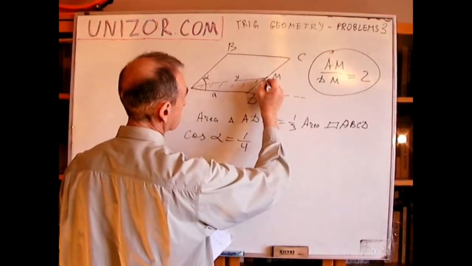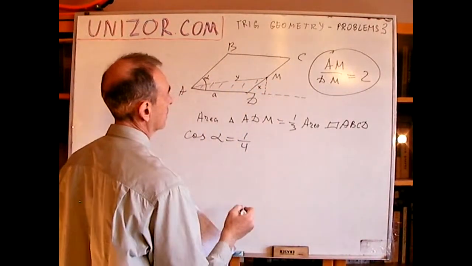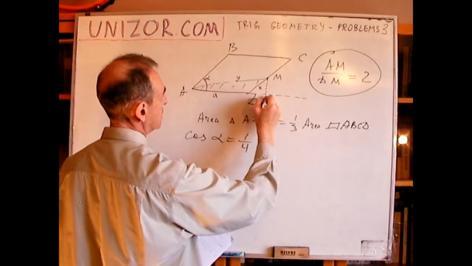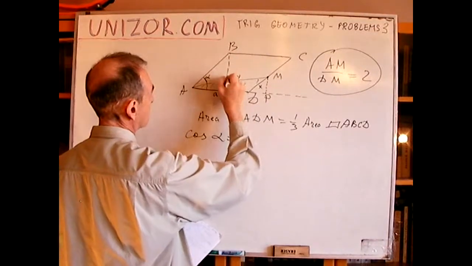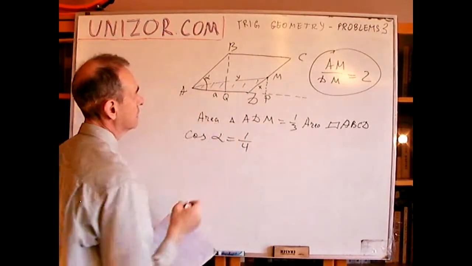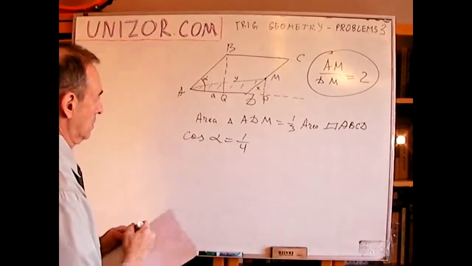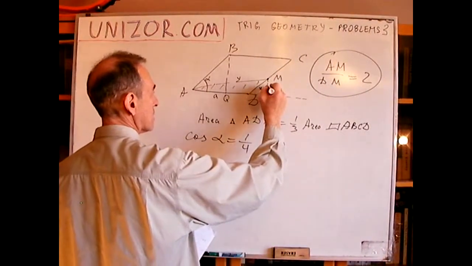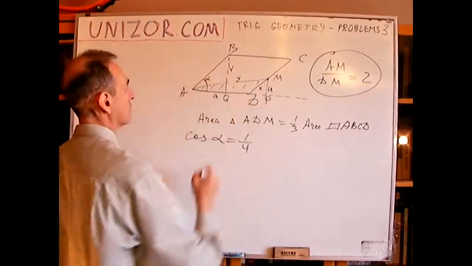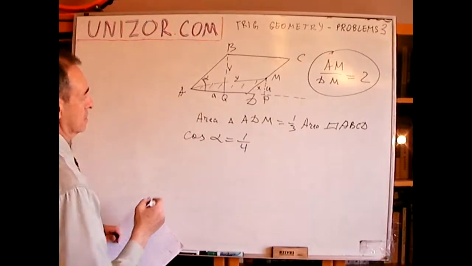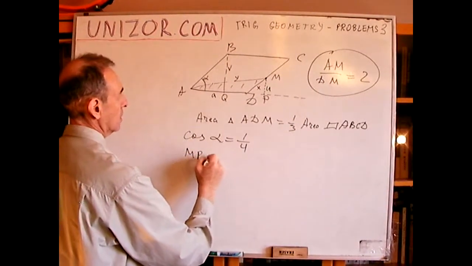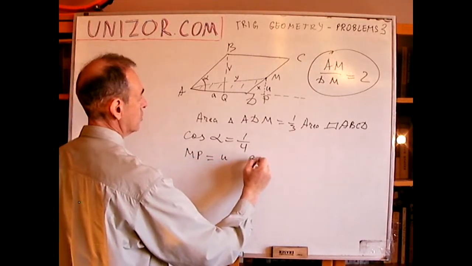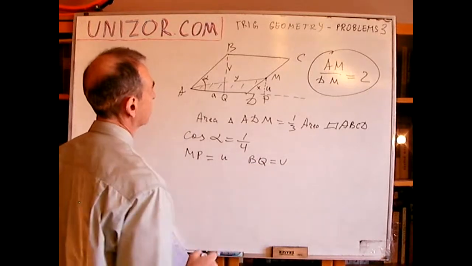So this is one altitude, MP, and this is another altitude, BQ. Let's say this is equal to U and this is equal to V. So MP equals U and BQ equals V.